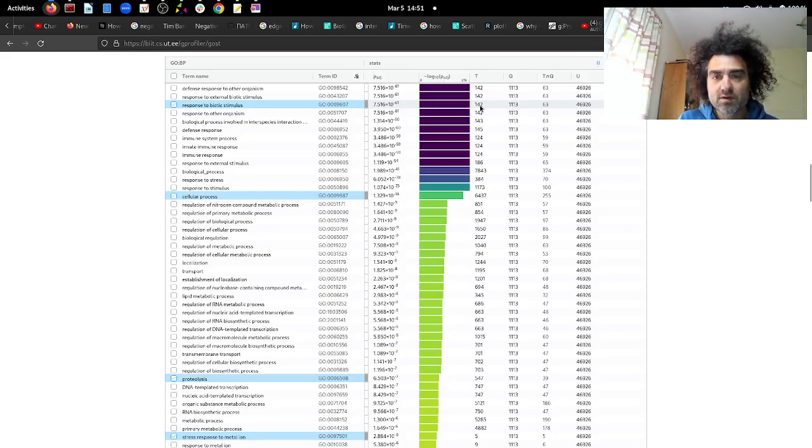Now, in the total here, there are 142 genes linked to response to biotic stimulus. In contrast, in my overrepresentation group, there are 63 genes linked to response to biotic stimulus. So I have 63 out of 1,100, and the total here is 142 out of almost 47,000.